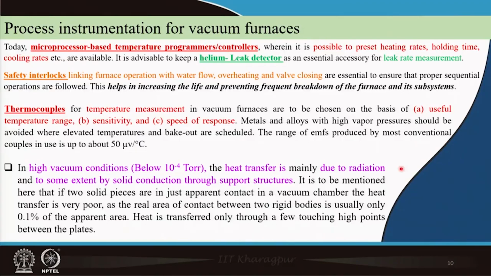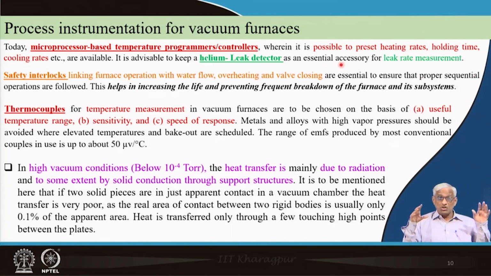Then there are an equally good amount of troubleshooting techniques connected to the furnace, like degassing, RGA and leak detectors etc. They are very essential, and this microprocessor should look into that, whether I should go for leak detection scheduling or pumping scheduling, or open some other valve to suddenly bring in roughing action by another pump, and electrical powers have to be adjusted, water should be switched on or switched off.